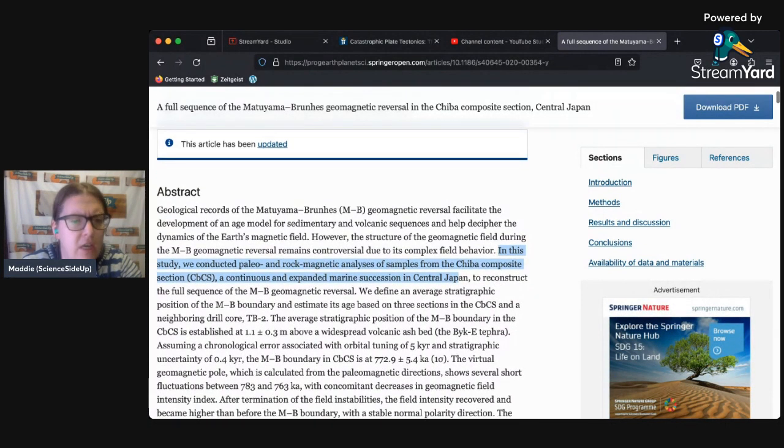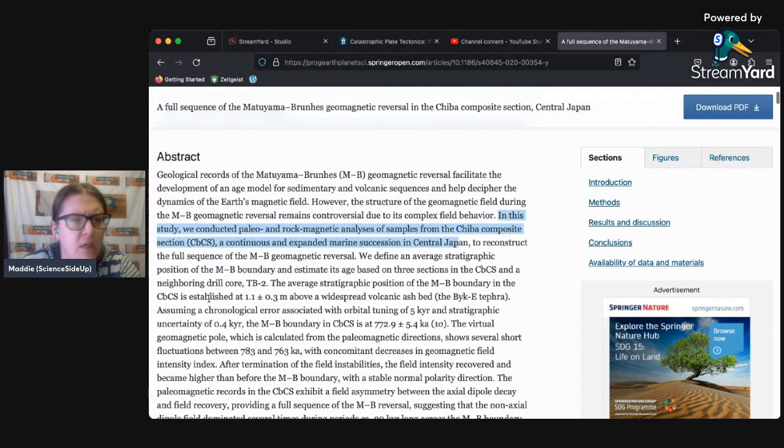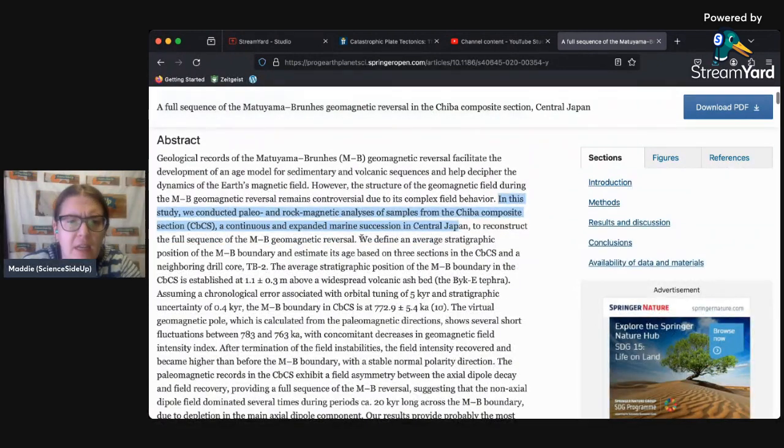What I know about geomagnetic reversals is that they happen pretty commonly, and I guess this is just a specific one that maybe was discovered earlier than other ones. We defined an average stratigraphic position of, and then you can use that to date rocks, because if you can find that reversal in rocks in continental crust, then you can use that.